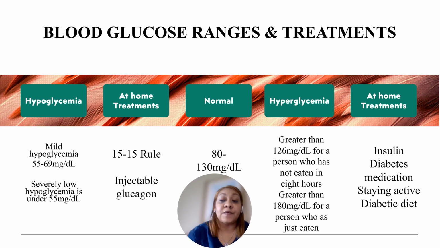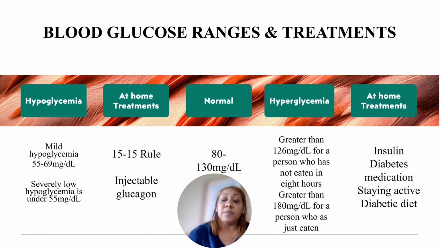This consists of 4 ounces of fruit juice or soda, 1 tablespoon of sugar, 1 piece of hard candy, jelly bean, or gumdrop, 3 to 4 glucose tablets, or 1 dose of glucose gel, which is usually 1 tube. The other 15 stands for rechecking your blood sugar levels within 15 minutes. If your blood glucose continues to be low, you can repeat the 15-15 rule.